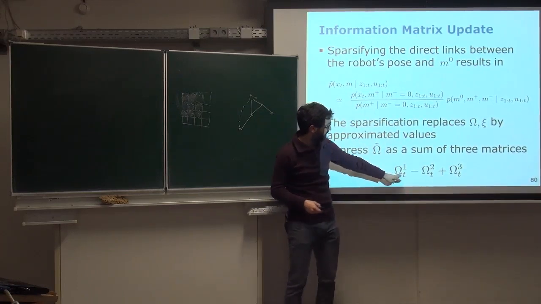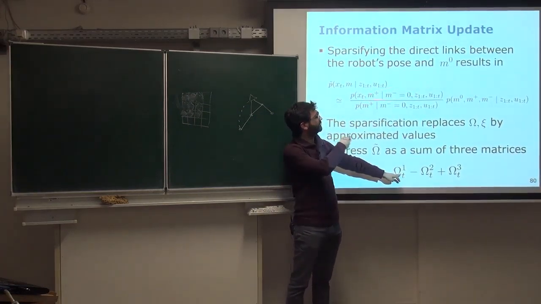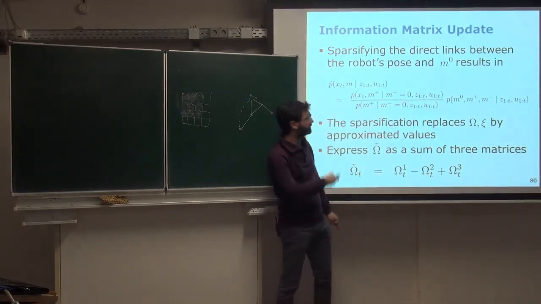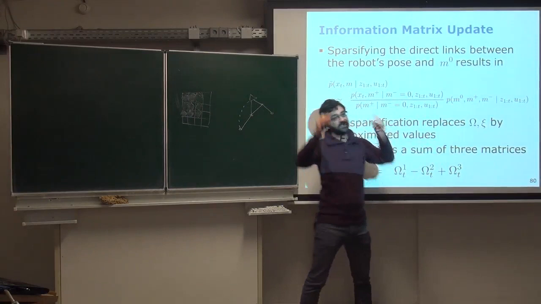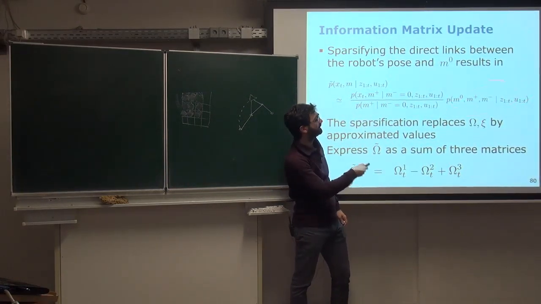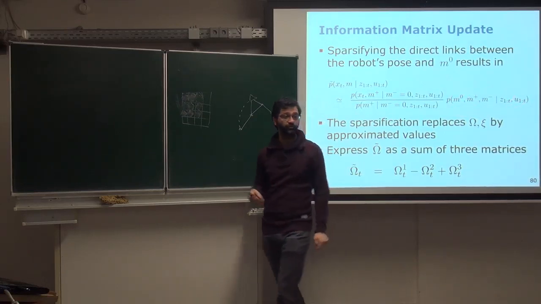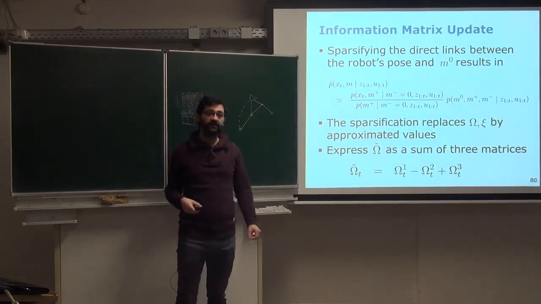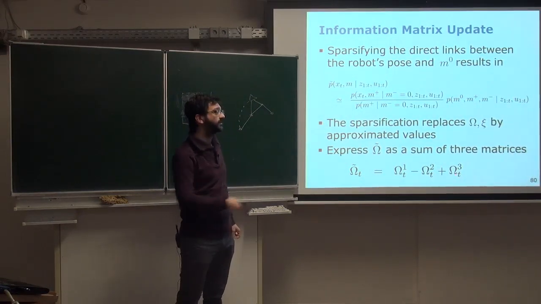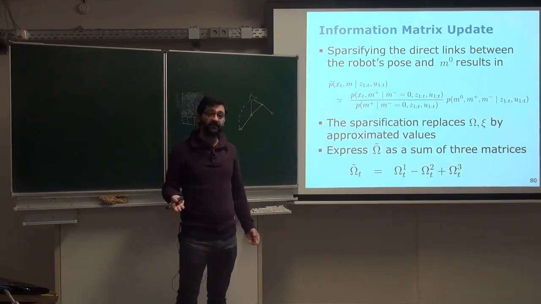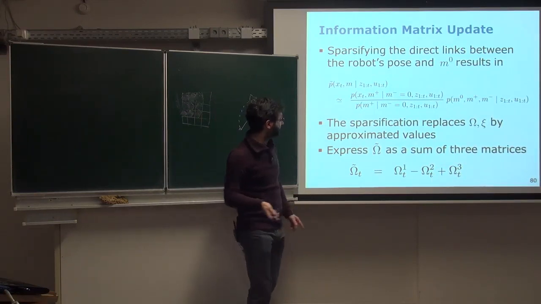So we will have this omega here, which is the information matrix of the upper part, minus omega 2, which is the information matrix of the lower part, so the exponents sum up. So we have plus omega 3, which is the information matrix of this third distribution. Okay? So to compute the new approximated information matrix, we just need to compute these 3 quantities and sum them up in this way, and that's our update rule for the sparse extended information filter.